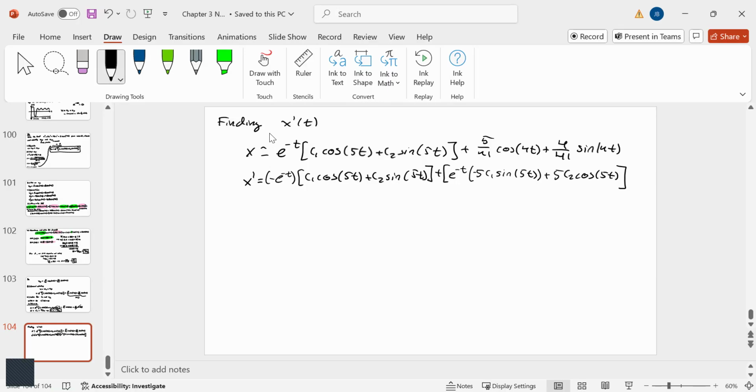That's the product rule. Plus 4 over 41 times 4, but negative because it becomes sine, plus 4 over 41 times 4 cosine of 4t. This is one of those things where if the initial condition wasn't x of 0, the answer would be all of this.